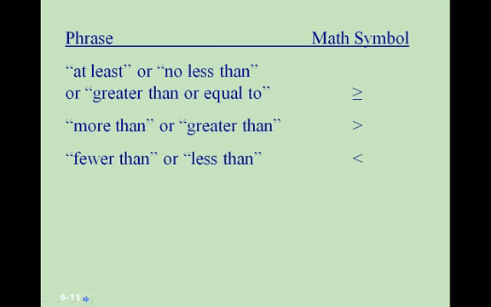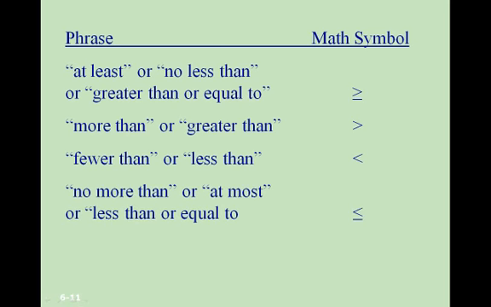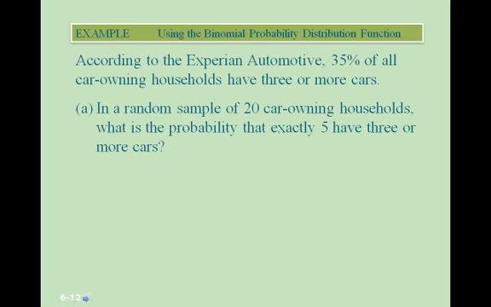The phrase fewer than or less than, we see the symbol for our less than inequality symbol. No more than or at most or less than or equal to, these all mean the same thing, and we see the less than or equal to inequality symbol. Exactly or equals or is, all of those phrases mean equals, and we use the equal sign for that.